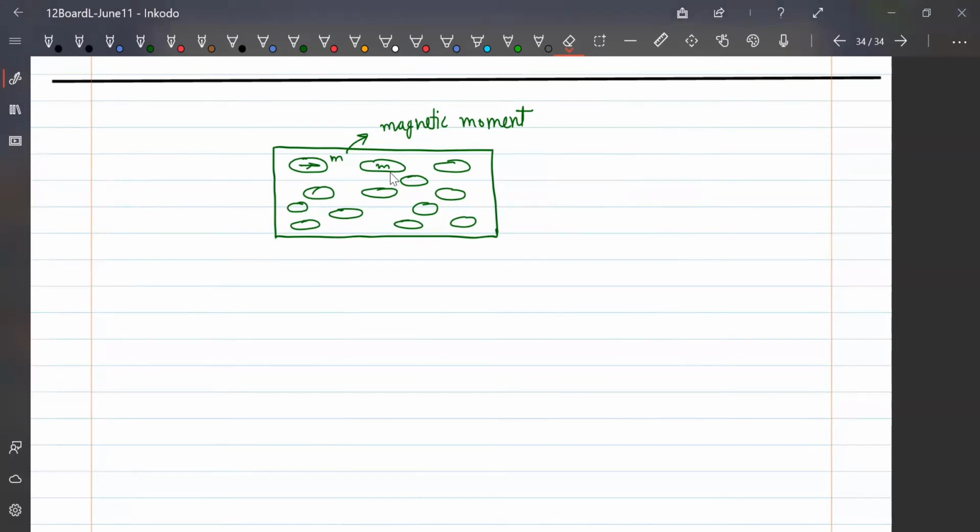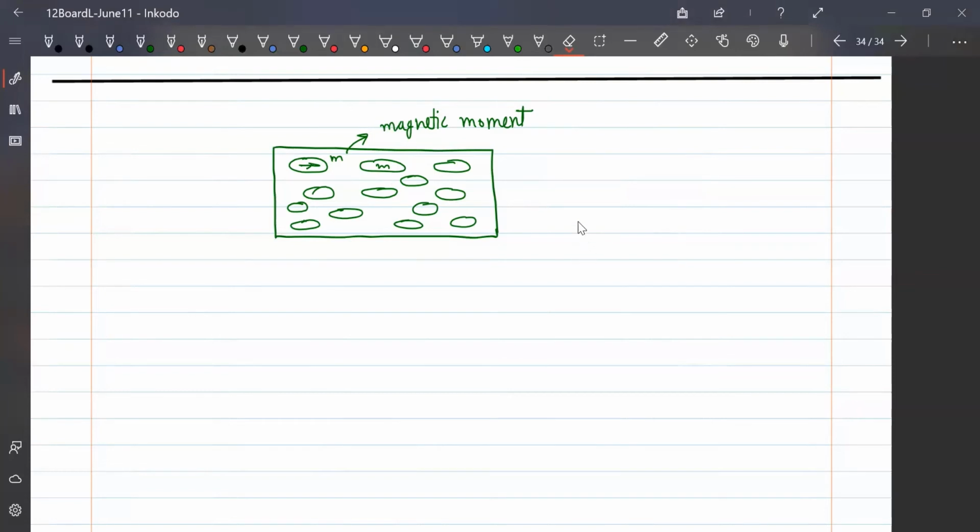Going again, so atoms, molecules and particles, because they are positively and negatively charged, so electrons revolve around them, so they act like a current carrying loop. Current carrying loop को हम compare करते हैं magnetic dipoles, और magnetic dipole का magnetic moment होता है जिसकी वजह से magnetic field होता है.